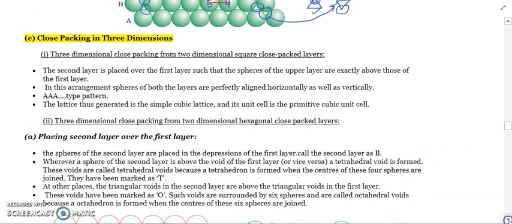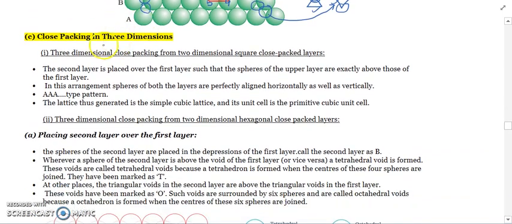Now, three-dimensional close packing. Three-dimensional close packing from two-dimensional square close packing. The first layer is square close packed. Let's revise. These are square close packs when arranged just one above the other, not in the dip.